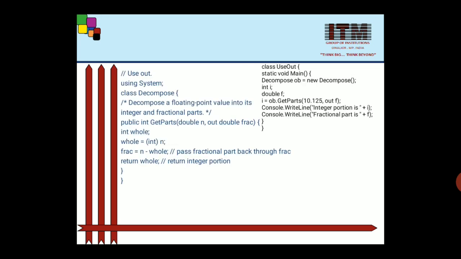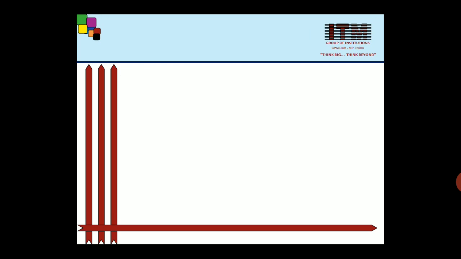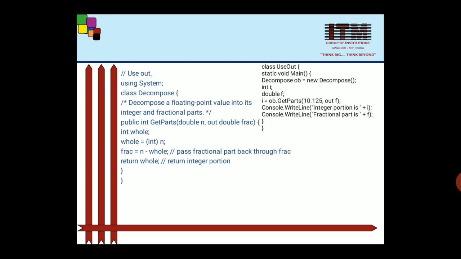Next one is the use of out. Sometimes you will want to use a reference parameter to receive a value from a method but not pass in a value. Maybe you might have a method that performs some function such as opening a network socket and returns a success or fail code in the reference parameter.